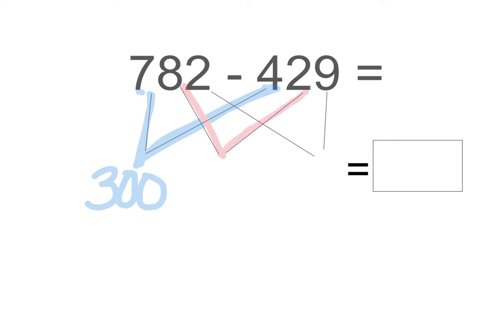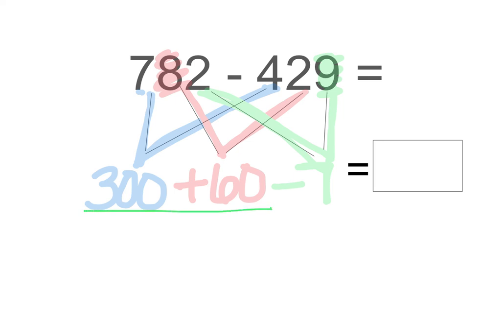80 subtract 20. Notice our 80 is larger. So 80 minus 20 is a positive 60. And then 2 subtract 9, which is larger, is a negative 7. So we're going to add 300 plus 60 and get 360 minus 7.